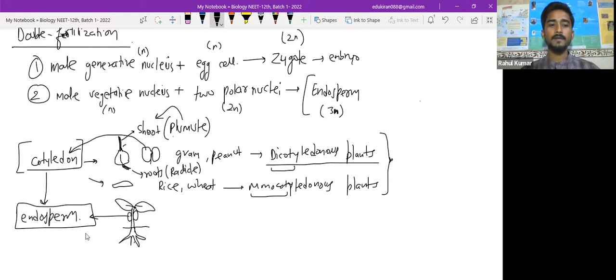What are they? And where is endosperm present? How is it related to cotyledon? Mazia? What is the relationship between endosperm and cotyledon?